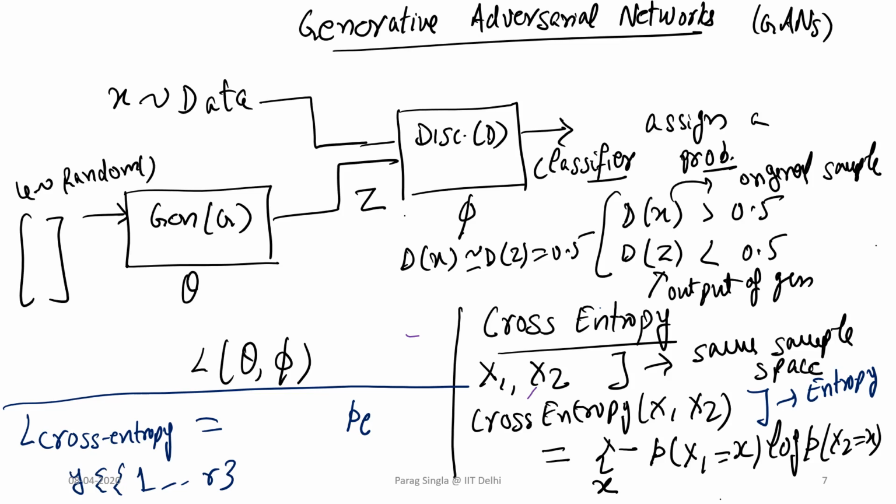Then we could compute the cross entropy between the actual data labels. The probability of getting a particular label l in the data is simply the indicator function, because it is a 0-1 distribution. So if you know the data label is l, then the probability is 1 in the data, otherwise it is 0 for that particular data point.